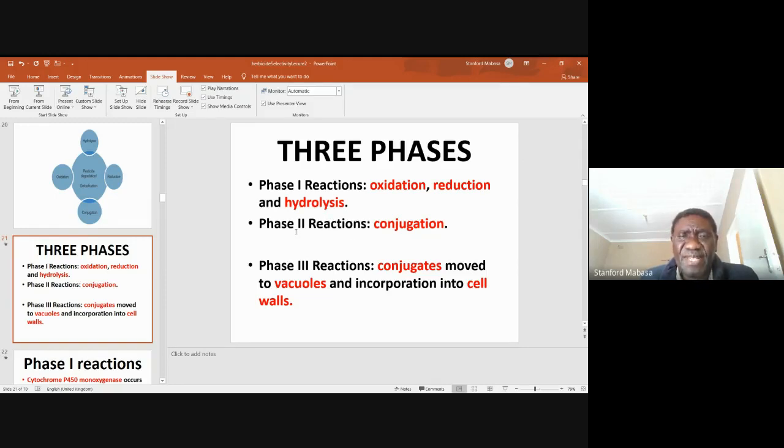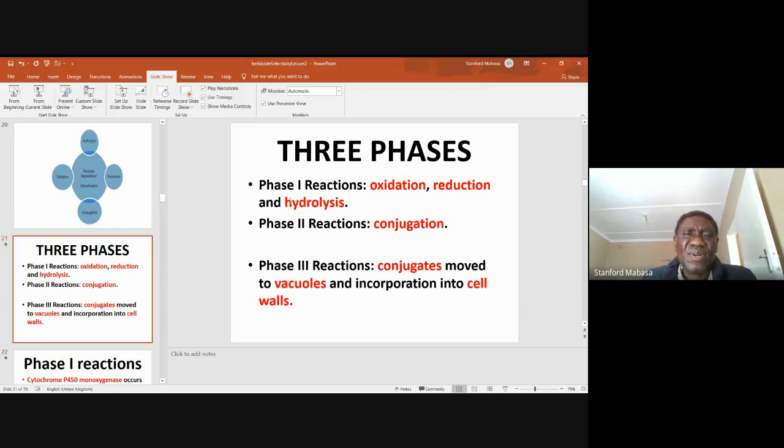In phase 2 reactions, there will be conjugation reactions. In phase 3, there will also be conjugation, but the conjugates are moved to the vacuoles, or they become part of the cell walls. So in short, this is what I'm going to talk about.